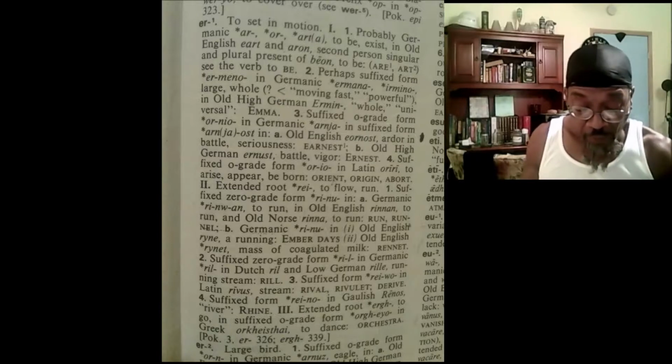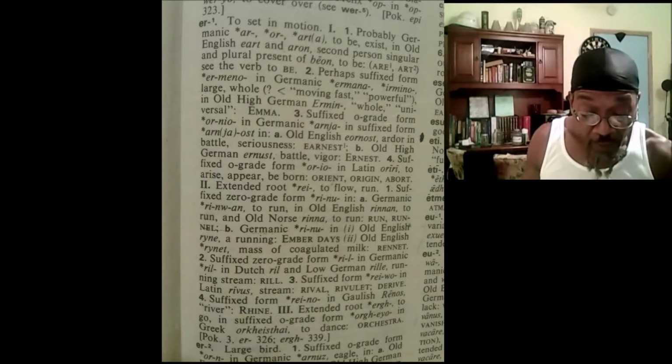ERE1, to set in motion. Probably dramatic, art or art, to be exist. So instead of being Islamic, they went to art. But it says you come down to be whole, moving fast, powerful, universal, serious.